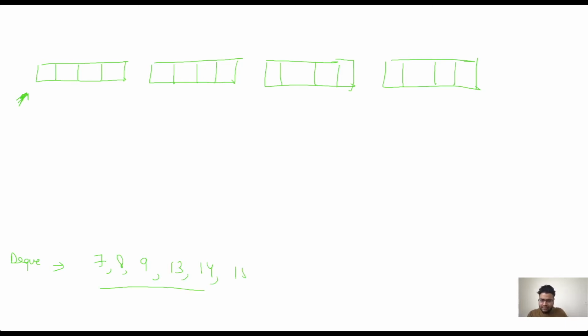Let me draw one more box here, then I'll show you how we can represent it. The first 4 elements will go into the first chunk: 7, 8, 9 and 13. The other 2 will go here, 14 and 15, right?